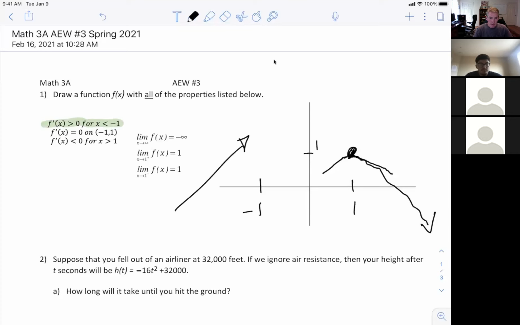So this is saying that it's going up if you're to the left of -1. So actually, what I drew right there is what it's supposed to be doing. It's supposed to be going up if you're to the left of -1.